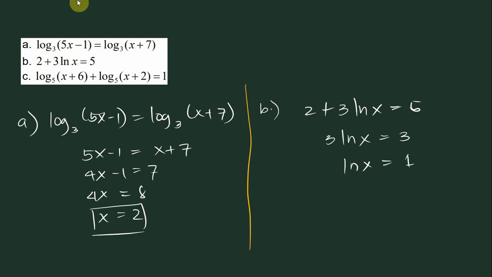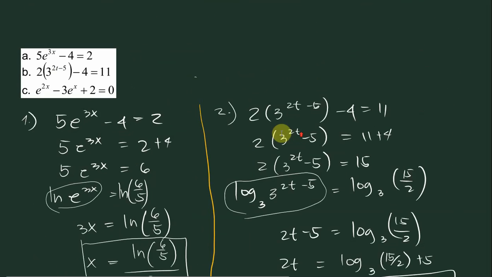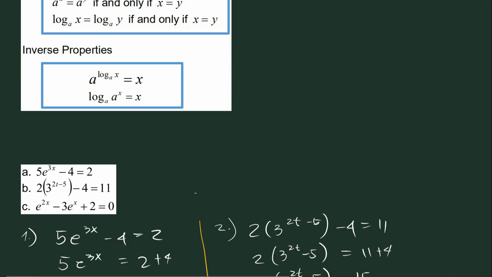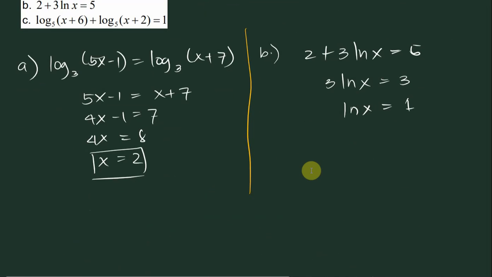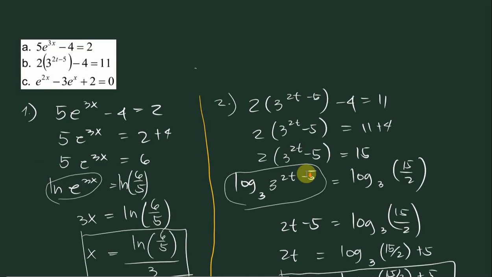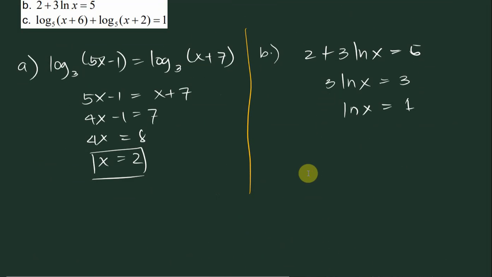Now how do we solve for x? We use the inverse property again. If you go back to the properties, we can use this property right here. So what we're going to do is treat the left hand side and the right hand side as exponents of e.